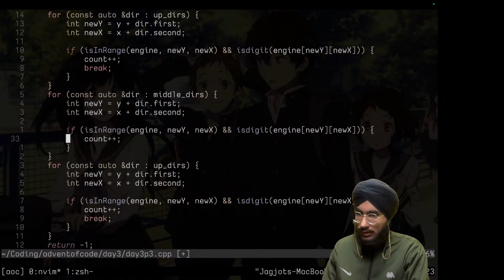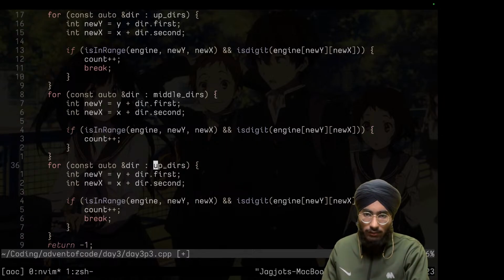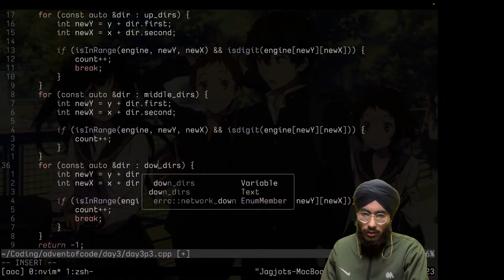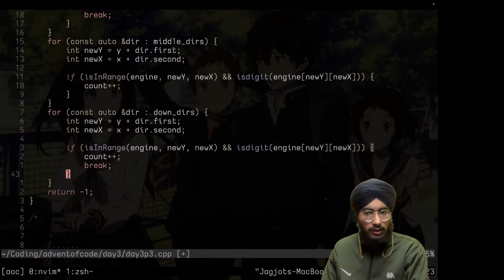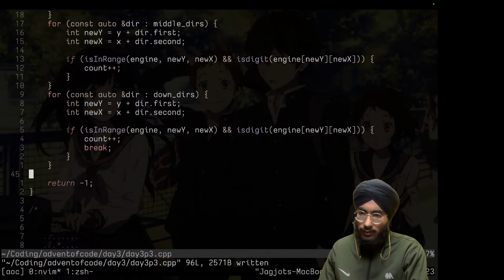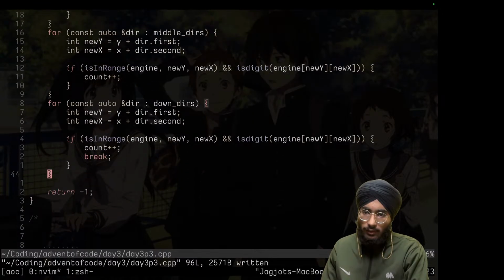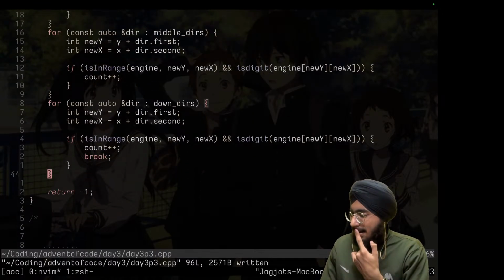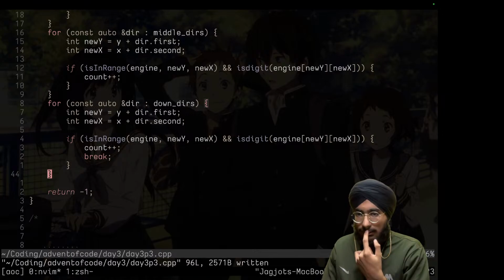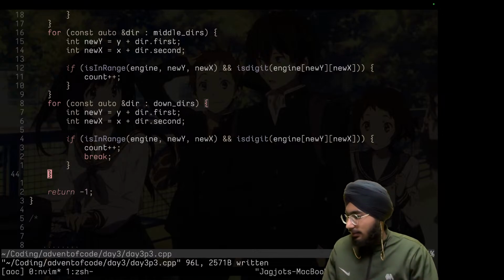If it's in range and if it is a digit, count plus plus. And in up dirs, we're just gonna do down dirs. But it is gonna be tricky to find that X and Y position.